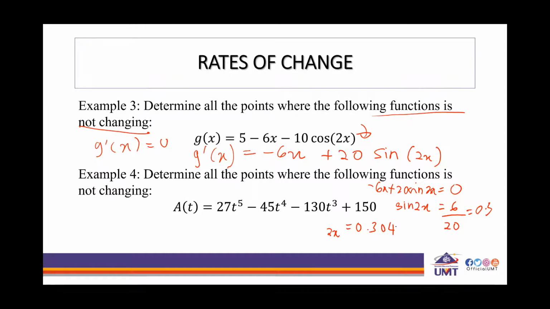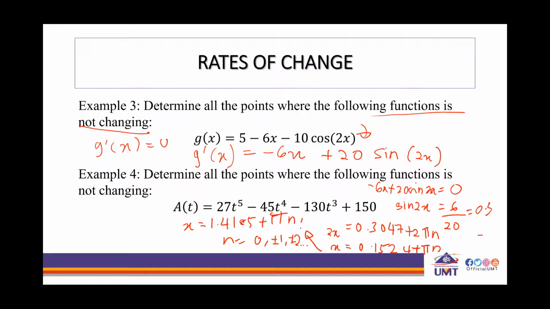You will use your calculator. I have already solved this using my calculator. So x you will get 0.1524 plus pi n, or x equals 1.415 plus pi n, where n equals 0, plus or minus 1, plus or minus 2, and so on.